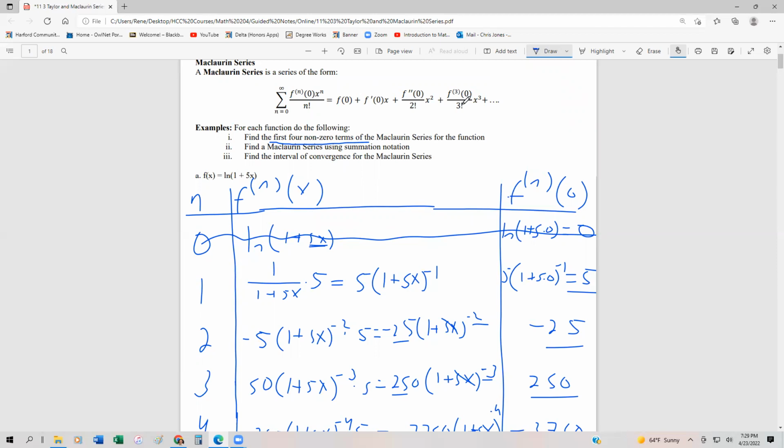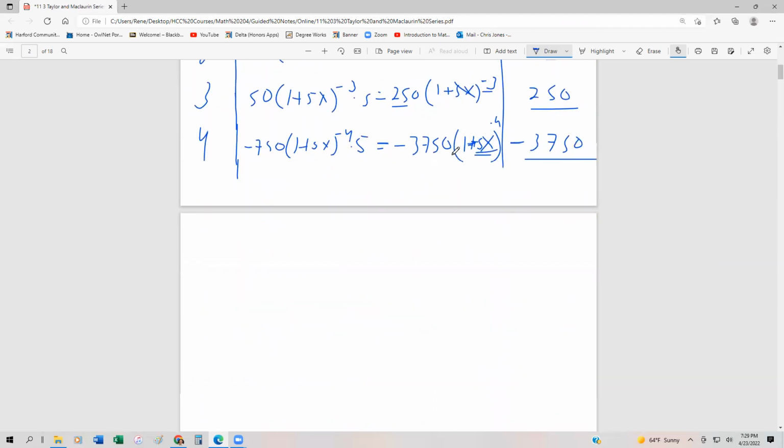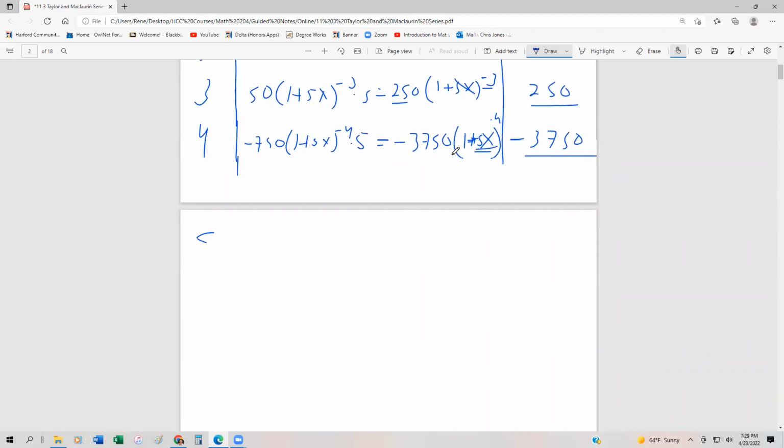in this series. Okay, so the way we're going to write this, we're going to have our series, n equals 0 to infinity, f^(n) at 0, x to the n divided by n factorial.